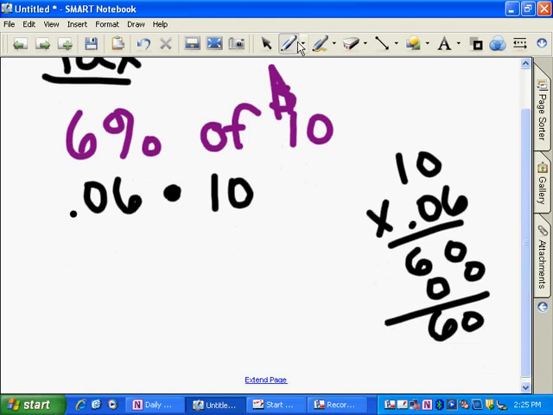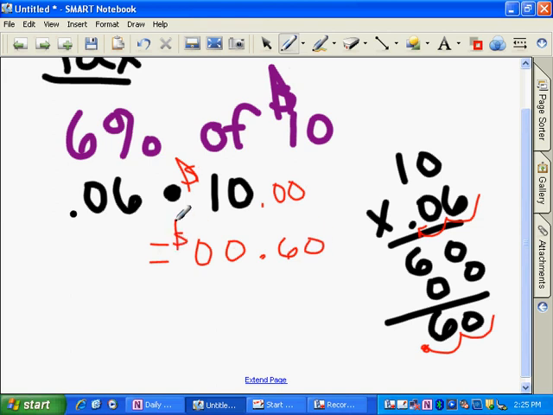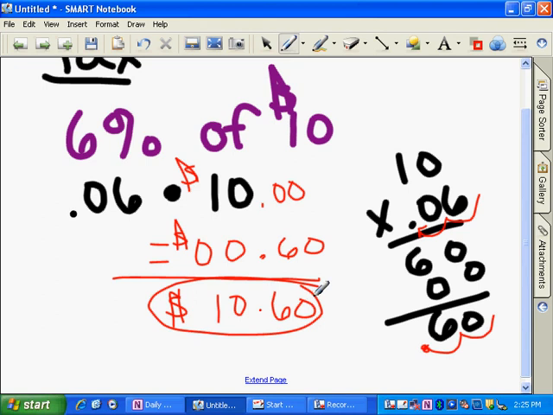And again, because there are 2 decimal places in the problem, I'm going to have 2 decimal places in my answer. So an item that is $10 at 6% tax is going to be 60 cents in sales tax. If I wanted the total cost of the item, I would add those two together. The cost of the item plus the tax tells me how much I pay total for that item, which would be $10.60.